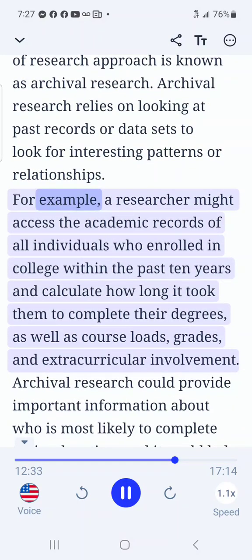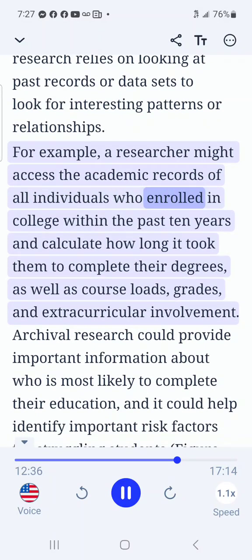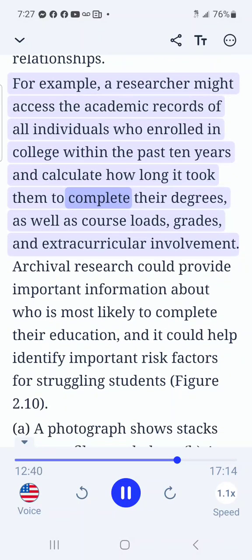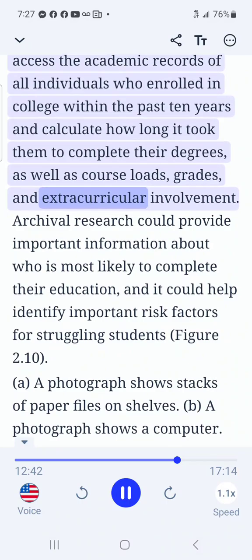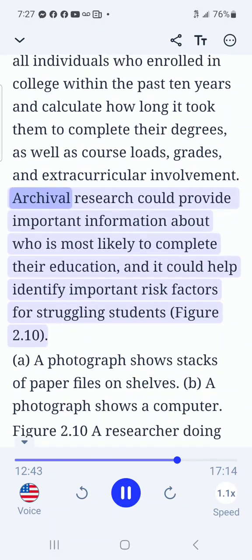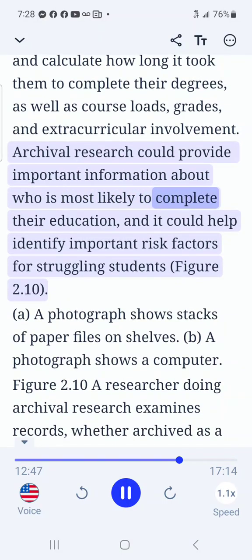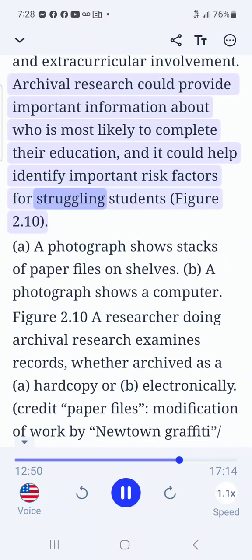For example, a researcher might access the academic records of all individuals who enrolled in college within the past 10 years and calculate how long it took them to complete their degrees, as well as course loads, grades, and extracurricular involvement. Archival research could provide important information about who is most likely to complete their education, and it could help identify important risk factors for struggling students.